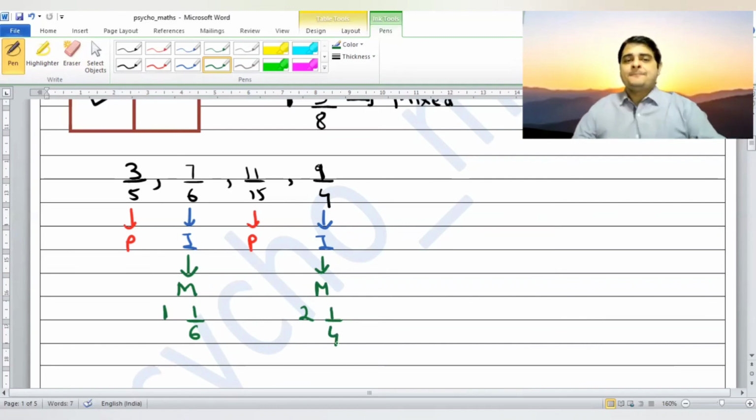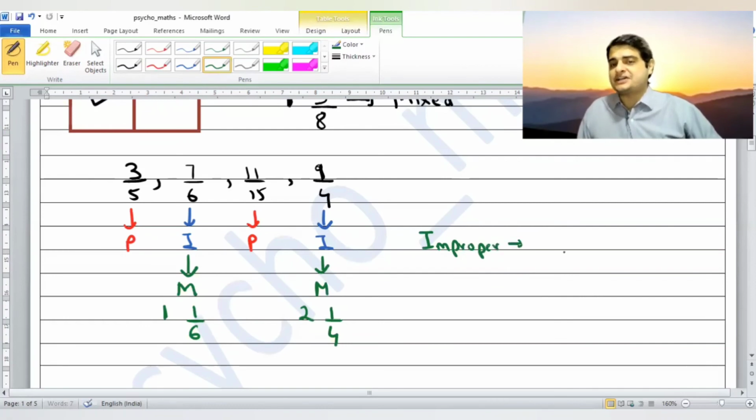Hence, when you are converting the improper fraction to a mixed fraction, the quotient is written as the integral part, the remainder is the numerator, and that is your divisor, right? So this is how you convert the improper to a mixed fraction.